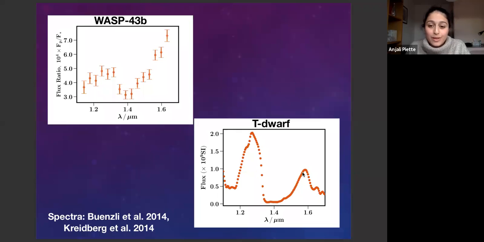This is a signal to noise of about 1,000, which is a huge improvement. So it's not only a great way to learn about these brown dwarfs in their own right, but also it's hopefully a glimpse of what we might be able to achieve one day for exoplanets. And so learning about how to interpret these observations and the considerations that we need to think about is in a way to prepare for these better exoplanet observations of the future.